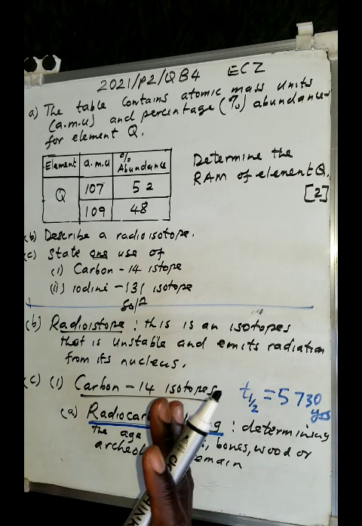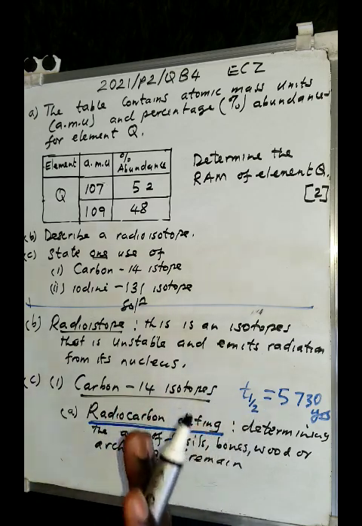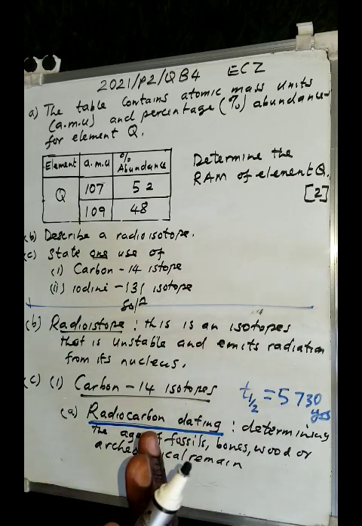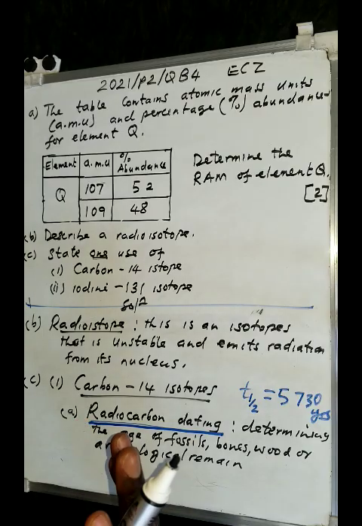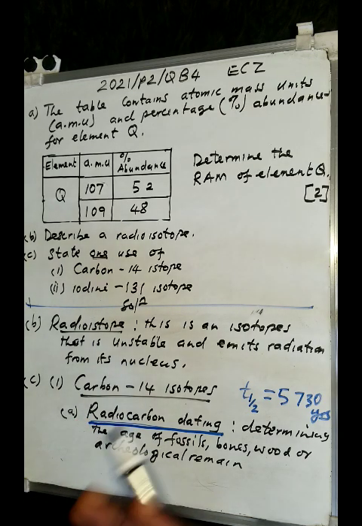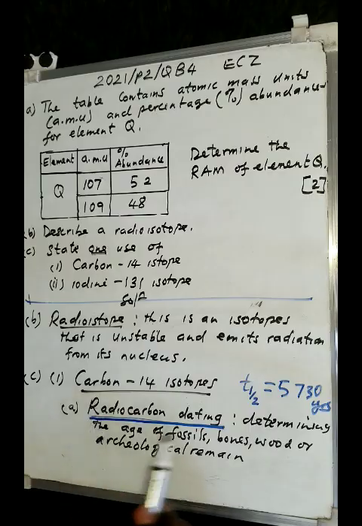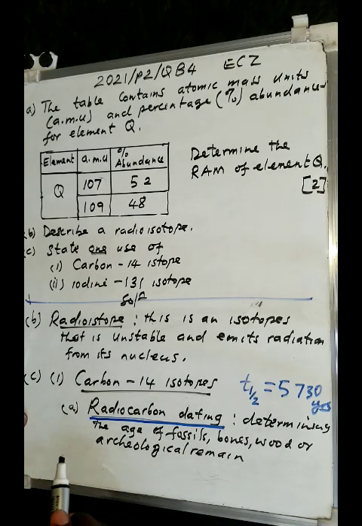When you stop taking it in, because you have died, it starts to decay or break down. Scientists can then measure how much carbon-14 remains, and that will tell them how long ago the organism died. So that is what we call radiocarbon dating.